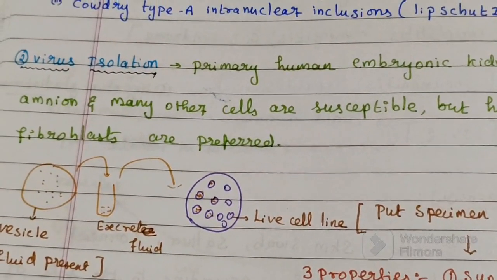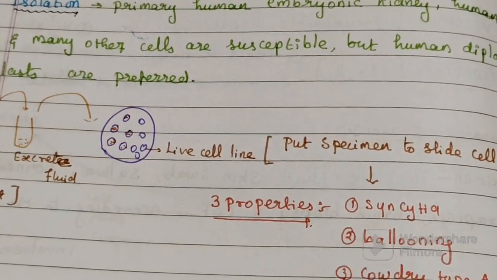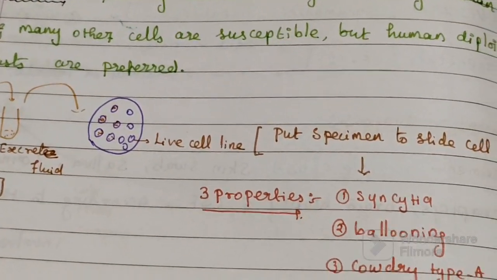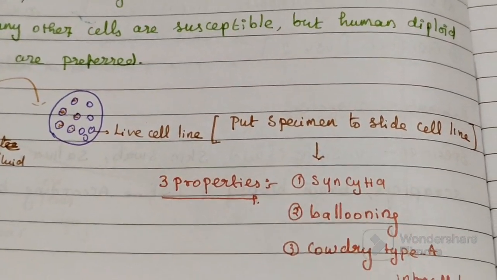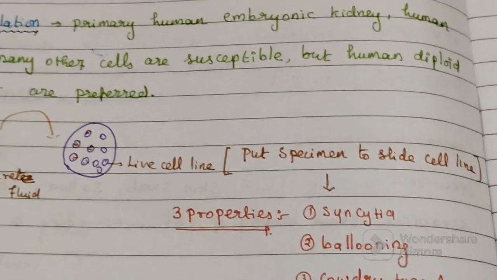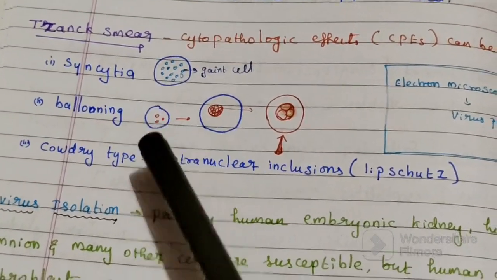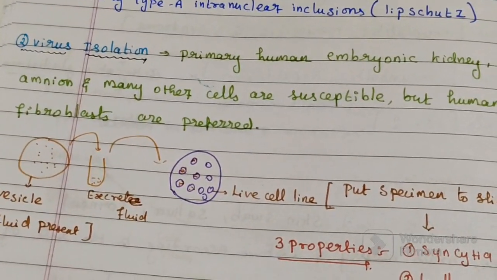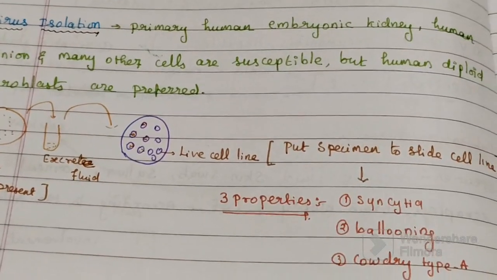You can see three things: syncytia, ballooning, and Cowdry type A intranuclear inclusion bodies. These three things are present in the virus isolation method also.